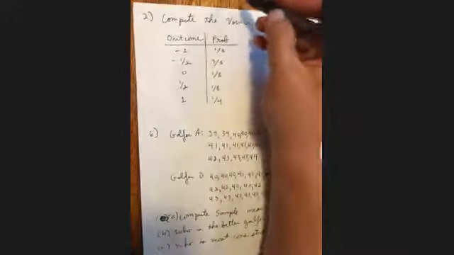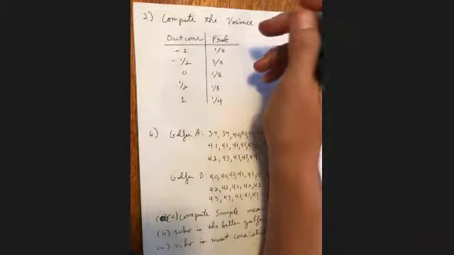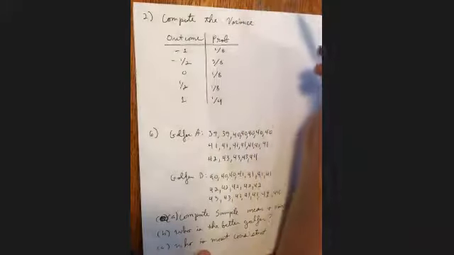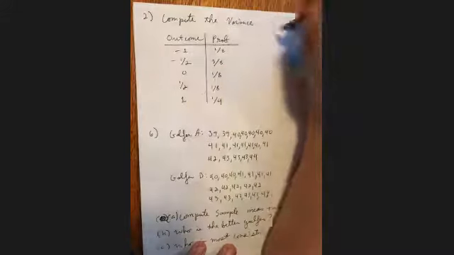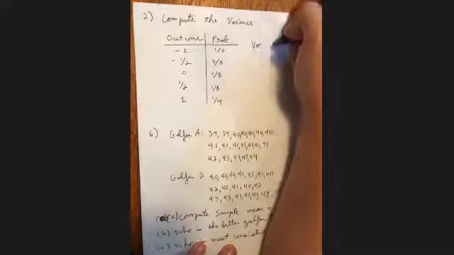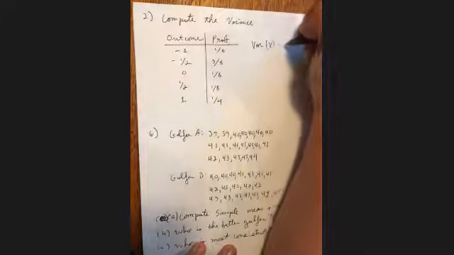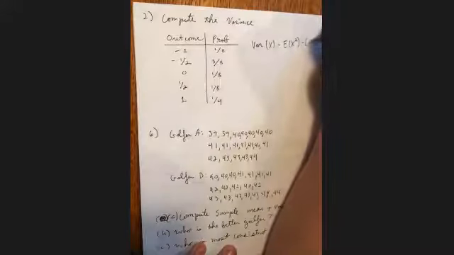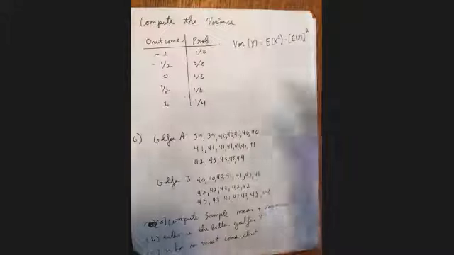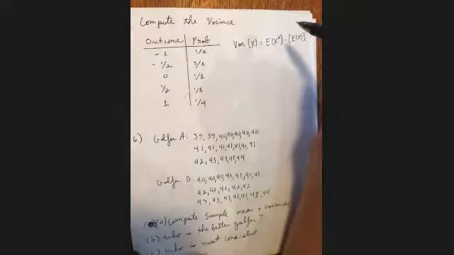But for this problem I want to use the following formula: variance of x equals the expectation of x squared minus the expectation of x, squared. This is one formula we can use.